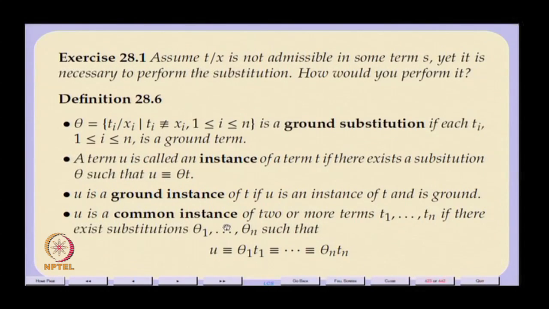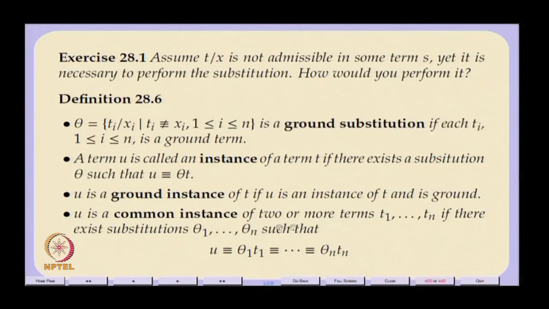You also think of common instances. If there are two or more terms t1 to tn, which as syntax trees do not look alike, but there is a substitution which can be applied uniformly to all of them, so that the resulting trees look identical, then you say that the resulting u is a common instance of these terms.